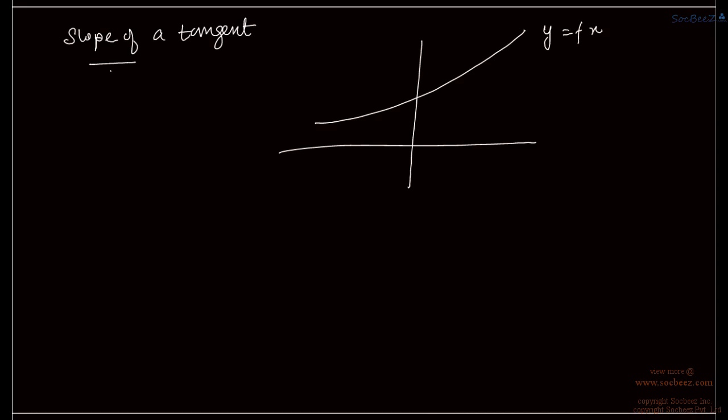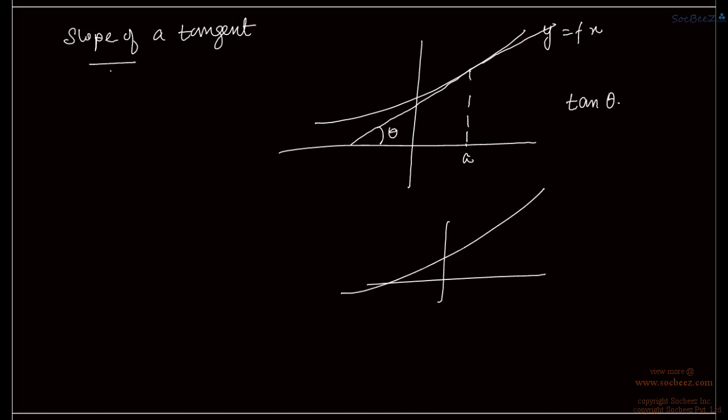We have to find the slope of tangent at this point x = a, that is, we have to find the value of tan theta. So let us make the same function here, and we have say 2 points here and here.